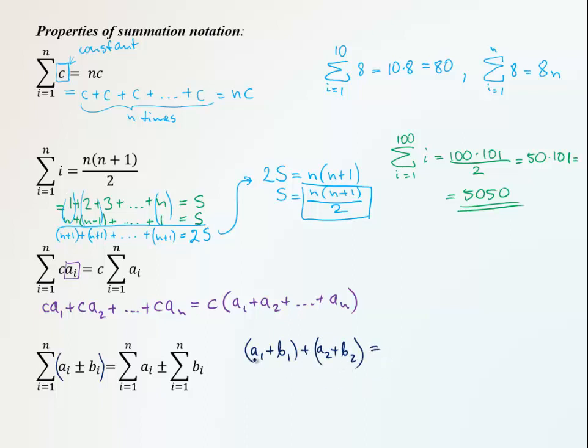Obviously, this could be regrouped by putting together a's first, and then b's as second ones. So that's the property. You can rearrange your terms. Therefore, you can split the summation over addition or subtraction.